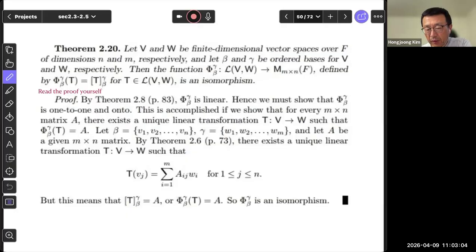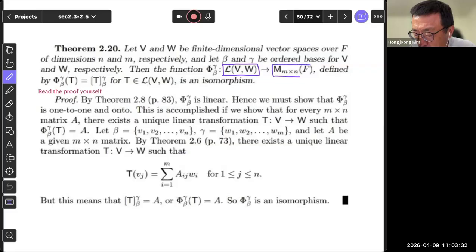Then, please remember, what is L of V and W? That is a vector space. That is the collection of all the linear mappings from V to W. And M sub m by n is the collection of all the m by n matrices.